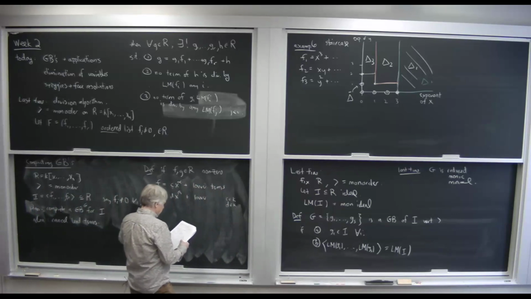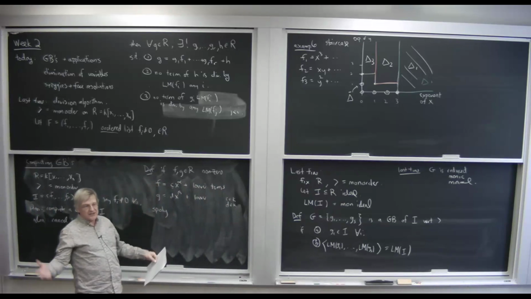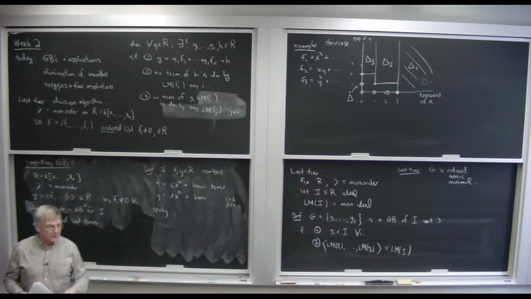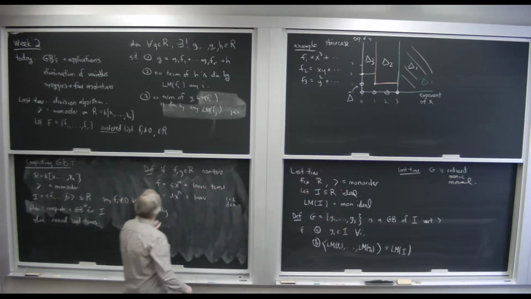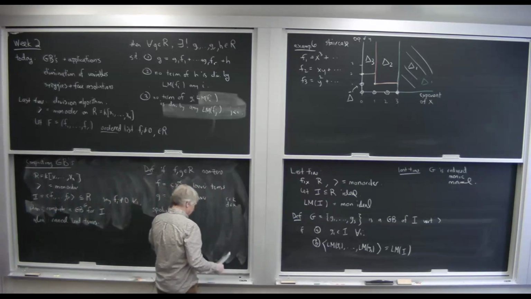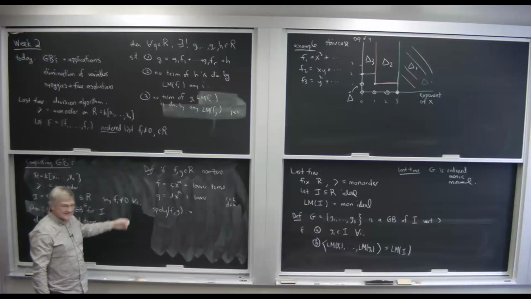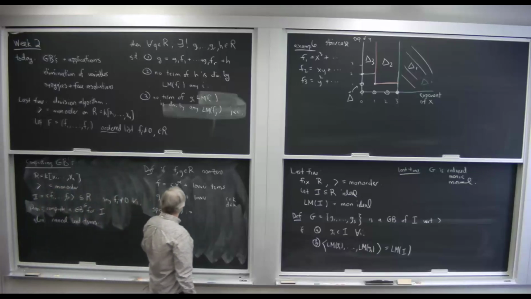And the definition is the S polynomial. Okay, S stands for syzygy, although I don't know if that's actually what it really stood for at the beginning of the whole game. The S polynomial of F and G, by definition, is just going to be the thing that we just did over there to cancel these guys. So what is that?